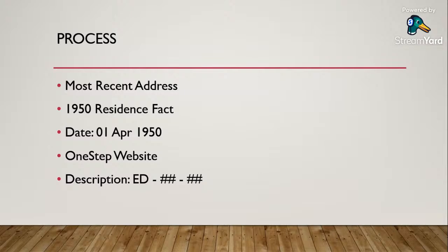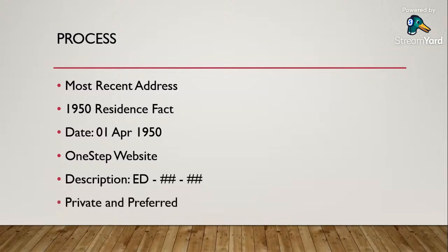And I put that in the description for the residence fact dated April 1st, 1950. Nothing is in the place field. So all I have is the date and the ED number, and I have a link in the citation for that information. I have a link back to the Steve Morse website, so I can get back to where I should be able to find the record.